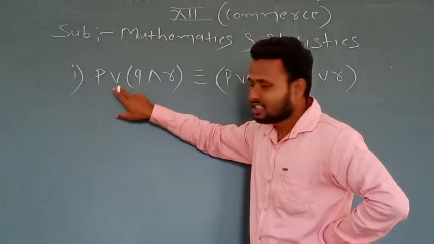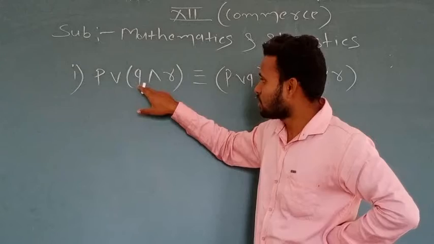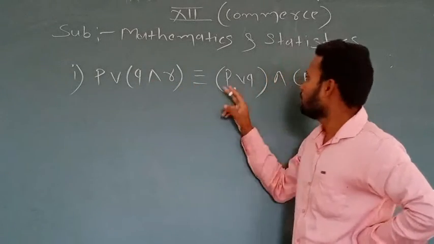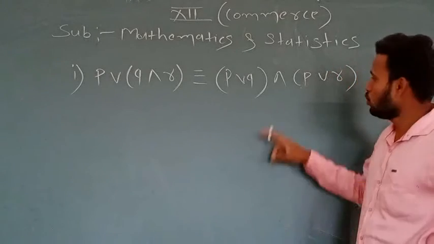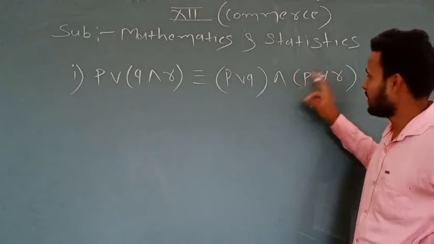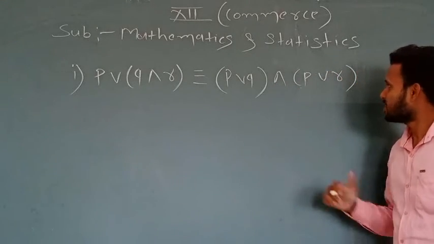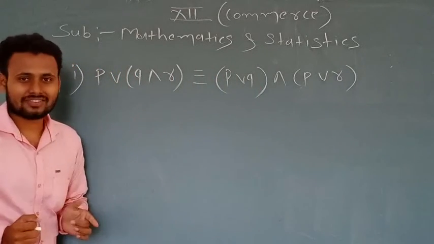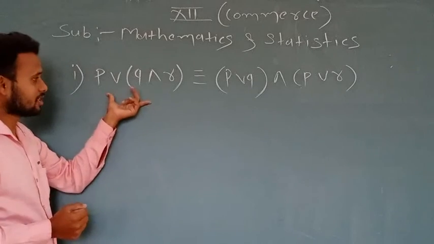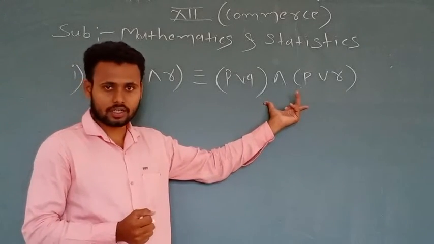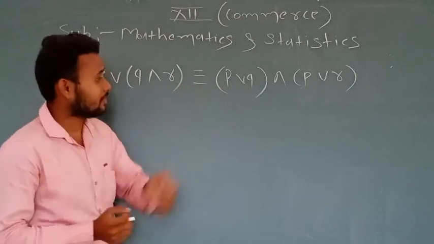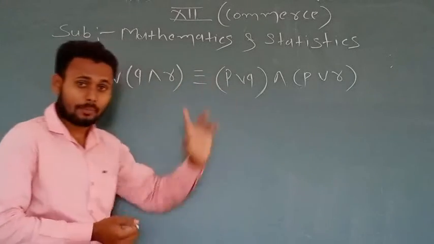P conjunction with, in brackets, Q conjunction with R, which is equivalent to P disjunction with Q, conjunction, in brackets, P disjunction with R. We have to show that these two statement patterns are equivalent. We have to verify that these two statement patterns are equivalent by definition.